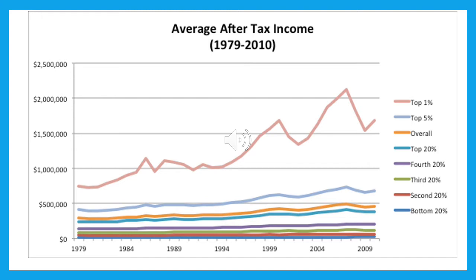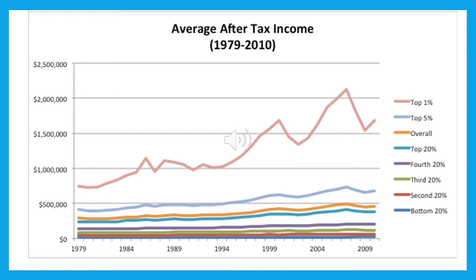So then the colored lines in the body of the chart represent different groups of earners. The salmon pink line at the top represents the top 1% of all earners. The grayish blue line, second from the top, represents the top 5% of earners.